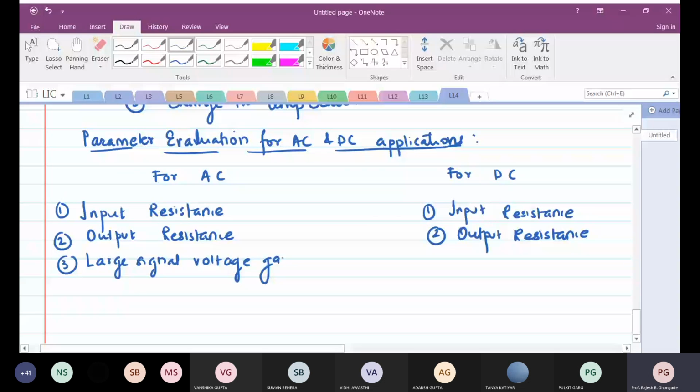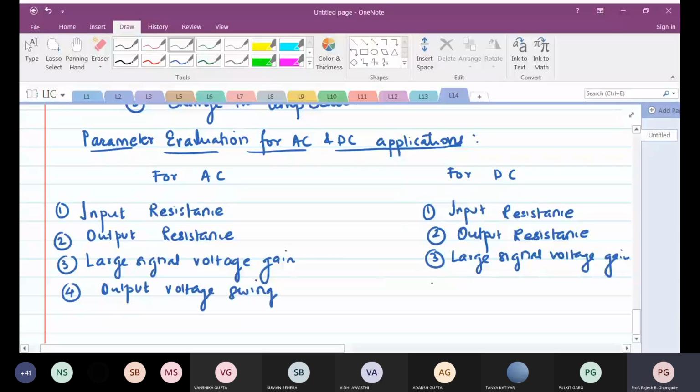Here also we have the same thing, large signal voltage gain. Output voltage swing. We've already discussed these parameters.